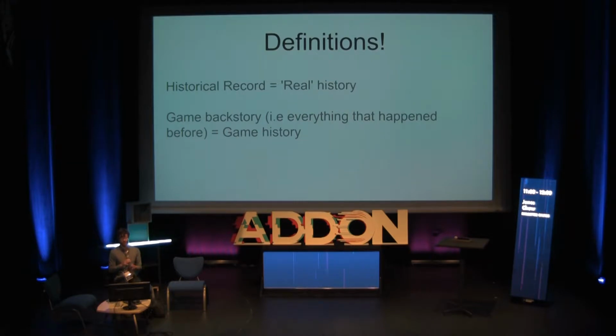So my definitions here for history, I'm using it in two senses in this talk, one of which is real history, for a given value of real, using it in terms of the historical record, things that happened in our world, that's real history. And then game history is game backstory, that's everything that happened to your game world before the player started loading up your game and interacting with it.